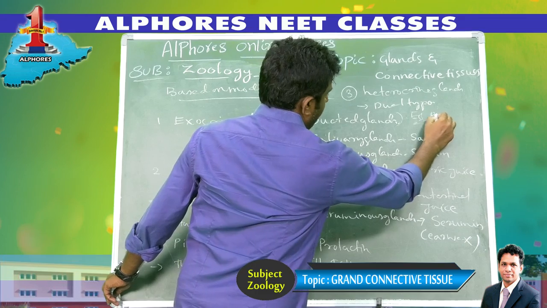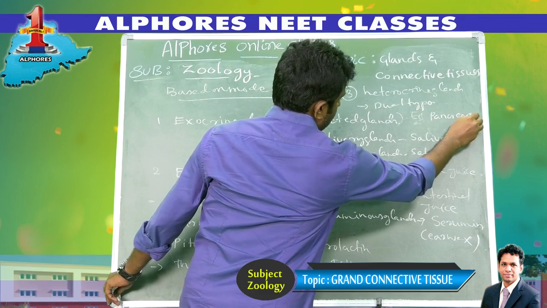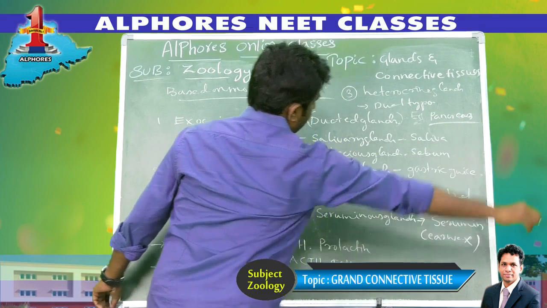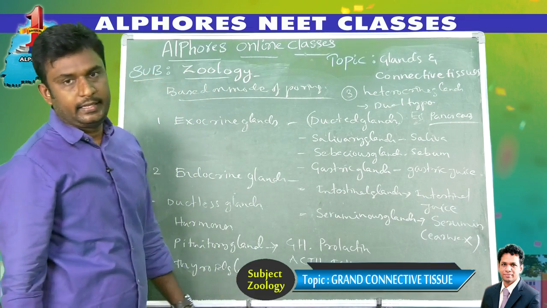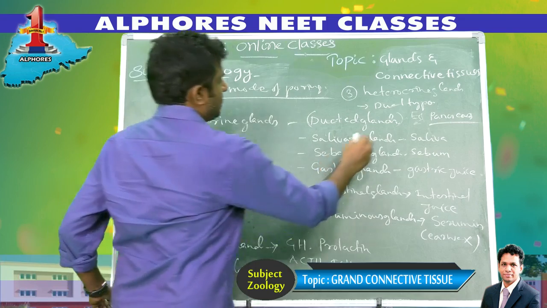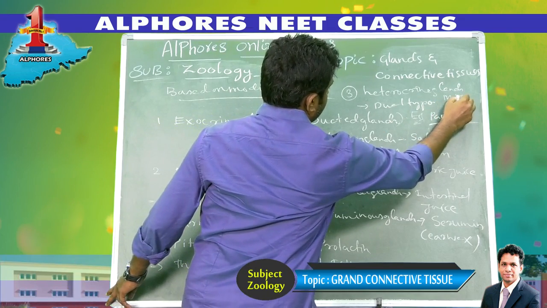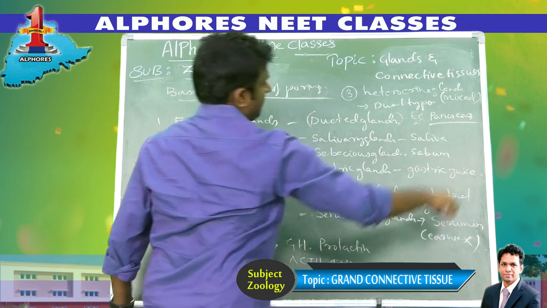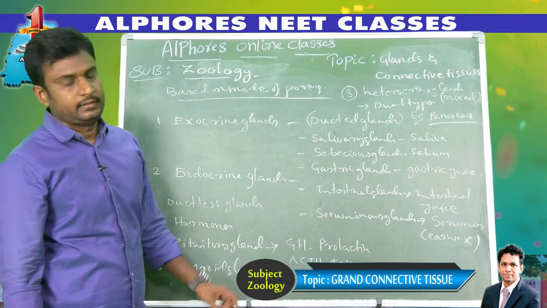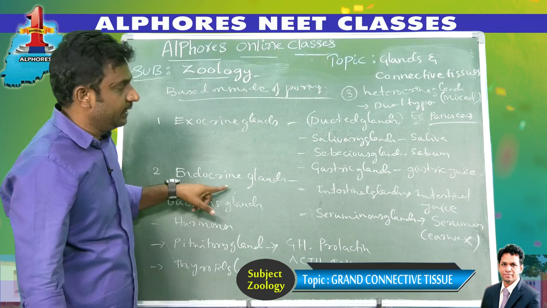The best example is the pancreas. The pancreas is a heterocrine gland, also called a mixed gland, because it is both exocrine and endocrine.